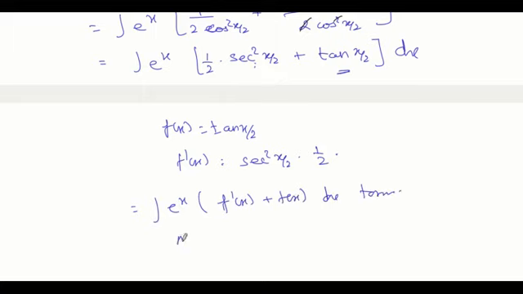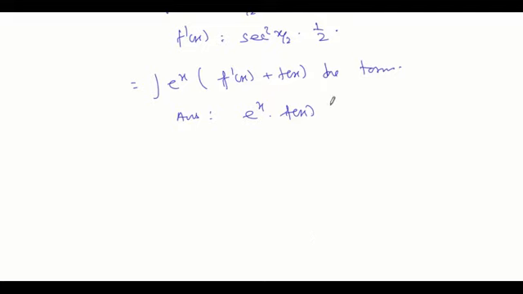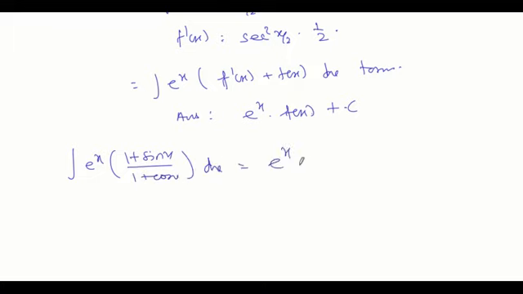So my answer is e power x into f of x. So therefore, I can write immediately the answer for the given question, integral e power x into (1 plus sin x) by (1 plus cos x) dx is nothing but e power x into tan x by 2 plus c.